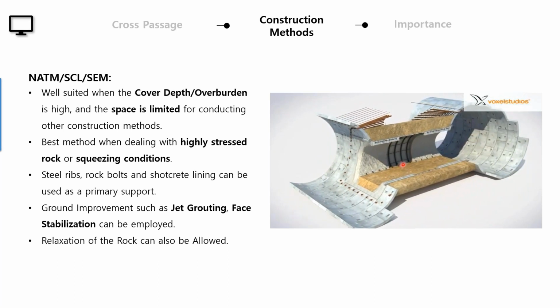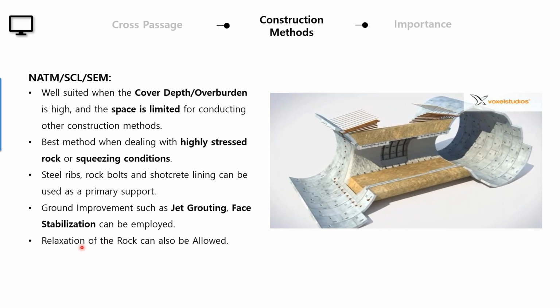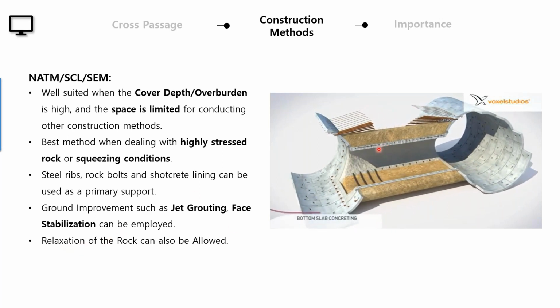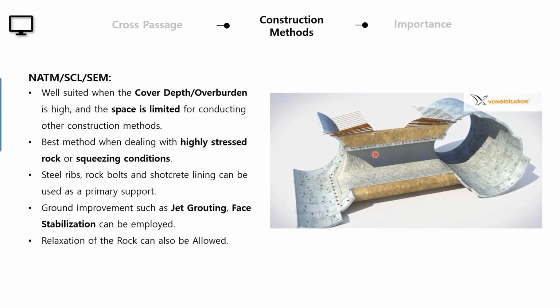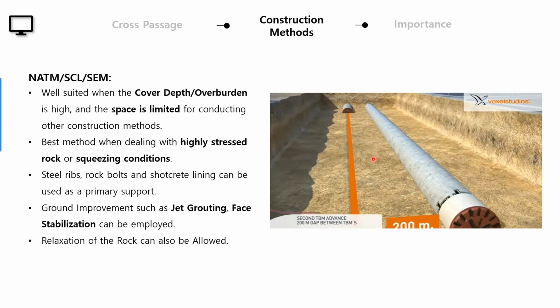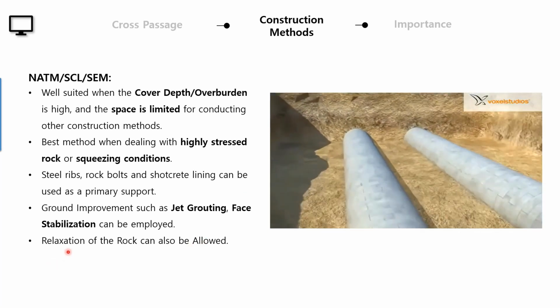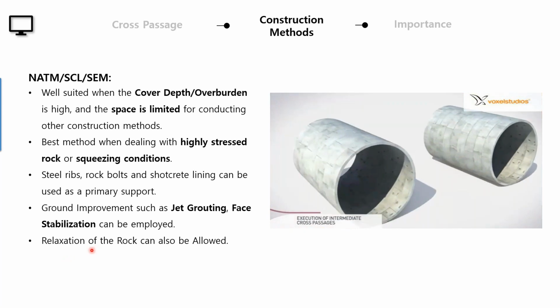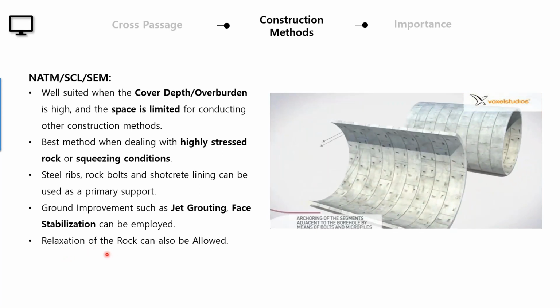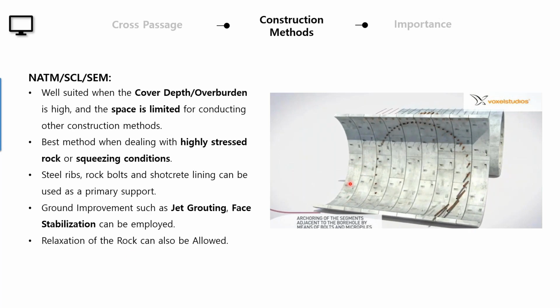So yeah, this is completely flexible, and you can also include relaxation as well. So if you are again dealing with high in situ stresses and you want to reduce the cover or reduce the thickness of the lining, then yeah, we will let the rock relax first, followed by lining later. So you have that flexibility in this kind of approach.